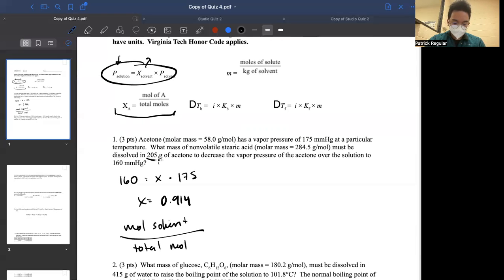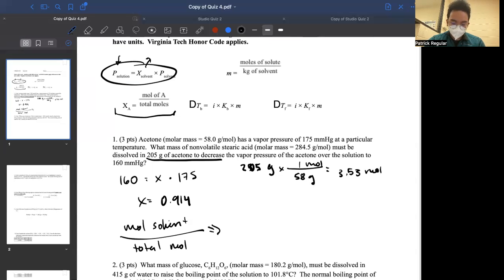And we know that our solvent is acetone right here. Let's go ahead and convert that. It'll make things a lot easier. So we have 205 grams of acetone. And from our molar mass, that gives us 58 grams in 1 mole. So we have 3.53 moles of solvent.